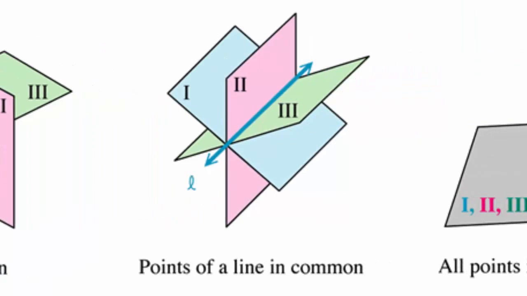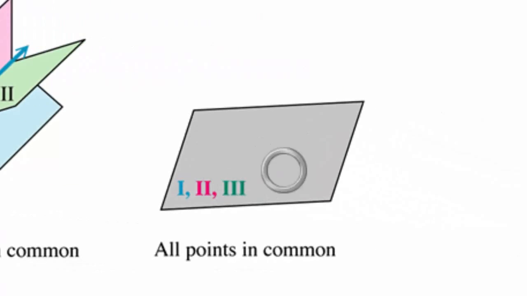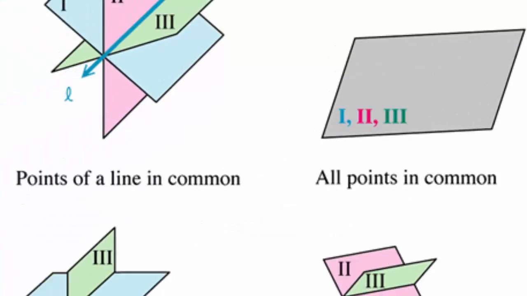Here you have three planes intersecting, but what they have in common is a line. Okay, here this is kind of like a dependent system, because all the planes are one and the same. It's no longer a line. All the planes are one and the same. They're just multiples of each other. So that means you have infinitely many solutions.